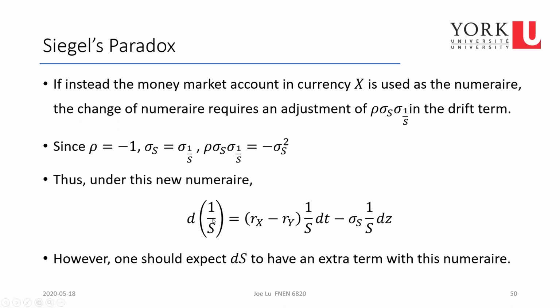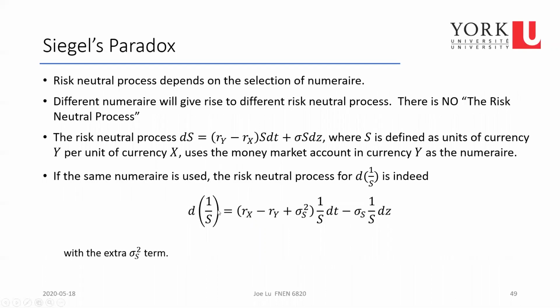So here in this process, everything is expressed in units of X, how many numbers of X, okay? But if we express this in terms of how many number of X, but you use a numeraire that is denominated in y, you will have an extra term.